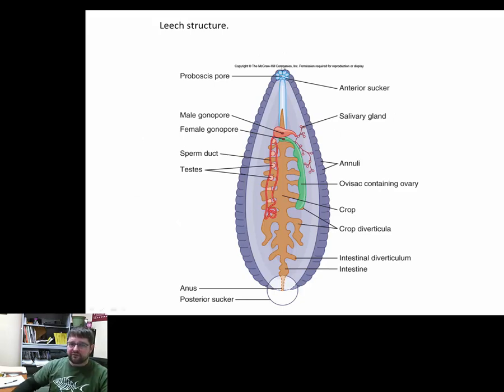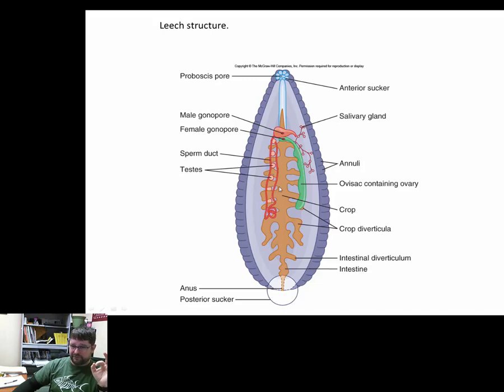So here's that anterior sucker, which is going to have a proboscis associated with it, which allows the organism to rasp away a hole in another organism. And they can use that salivary gland. The salivary gland is going to have an anticoagulant that is injected into the organism that they're going to take a blood meal from.